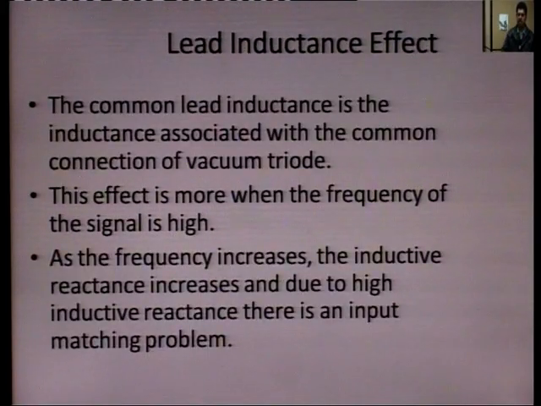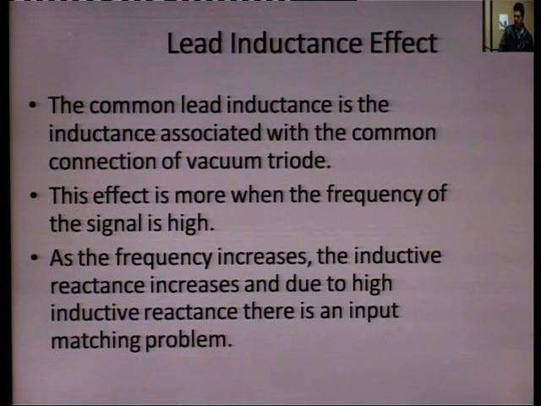So, next is lead inductance. We all know the vacuum tube has metal terminals. When we apply an RF signal to these metallic wires, a current will flow, and obviously a magnetic field will exist there.